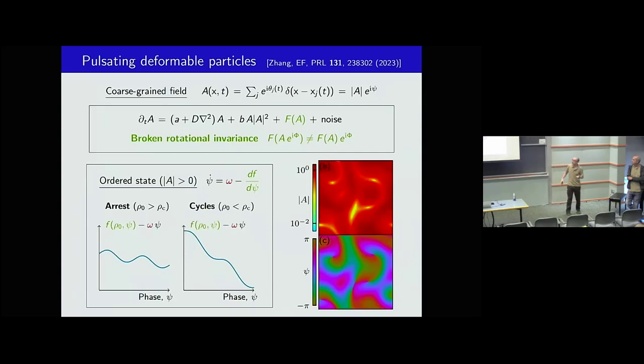And if you think of the CGLE as a field realization of a Turing model, a real diffusion coefficient means you have the same diffusion coefficient for the two species, and this is quite bad for creating patterns. You should typically have different diffusion coefficients. And in this case, you can show actually that A and B are also constrained in such a way that if you kill F, you don't have any patterns. You just have an order-disorder transition.